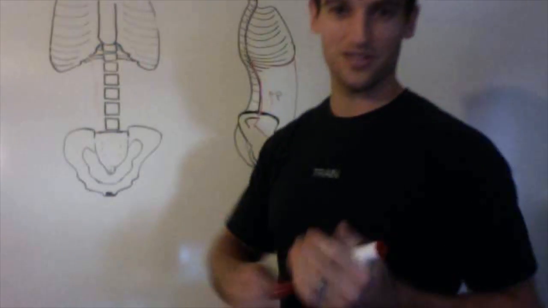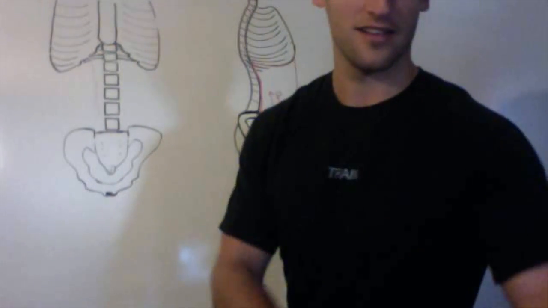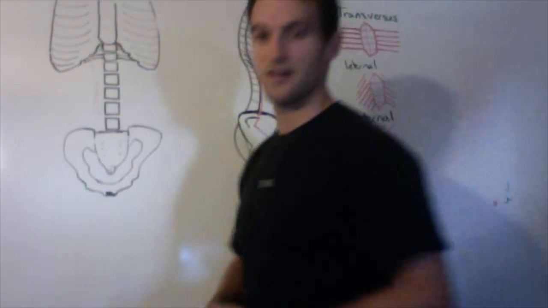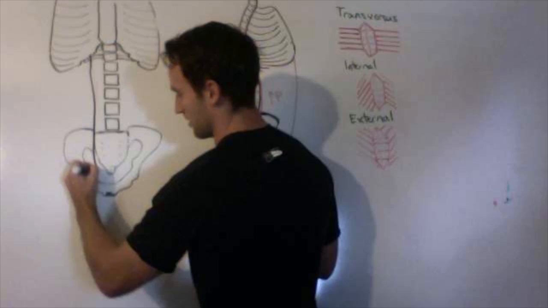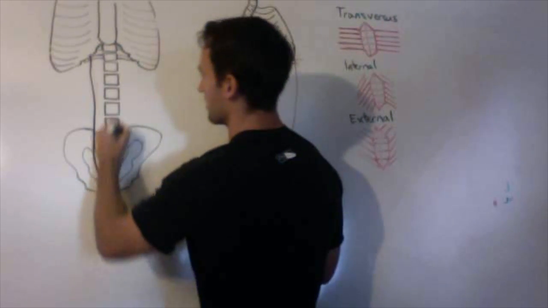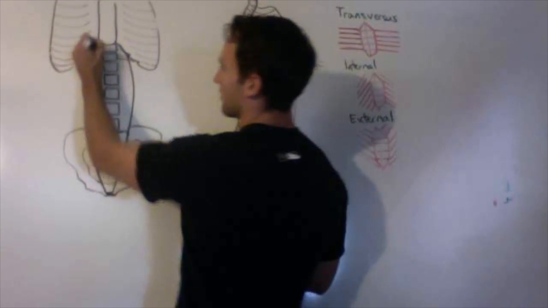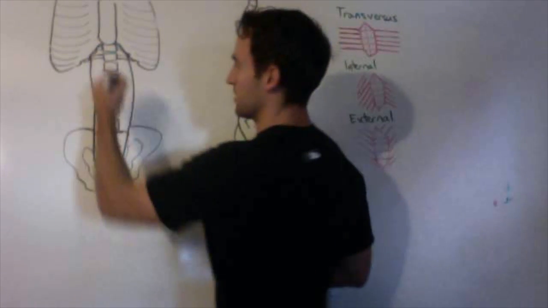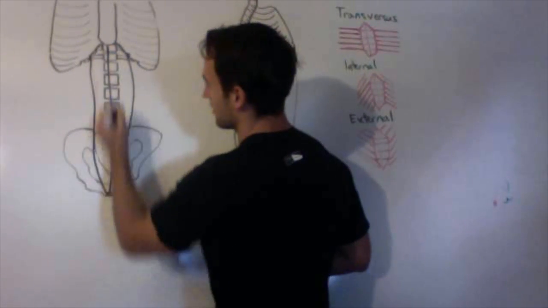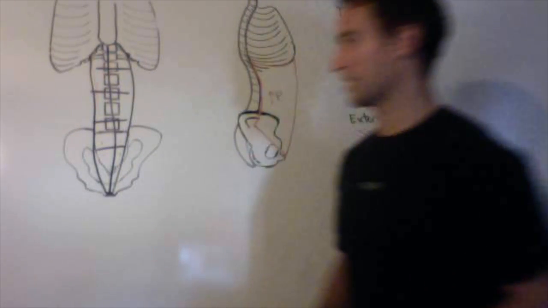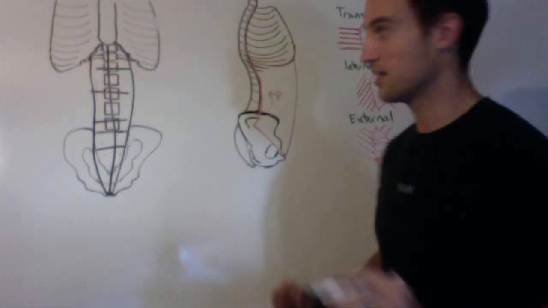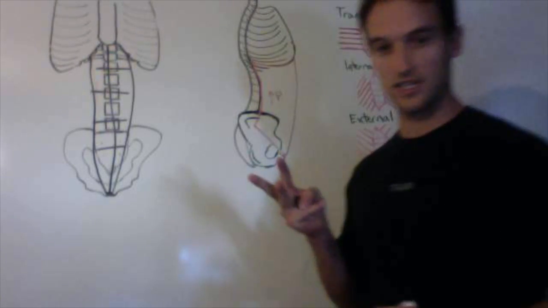This marker's no good. Let me grab another marker. All right, so right here, we'll call this our very rough rectus abdominis muscle. We'll draw our middle line here, put some horizontals through there, okay? So this is our rectus. We've got our three layers to think about.